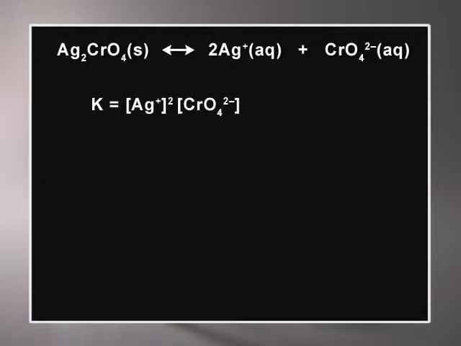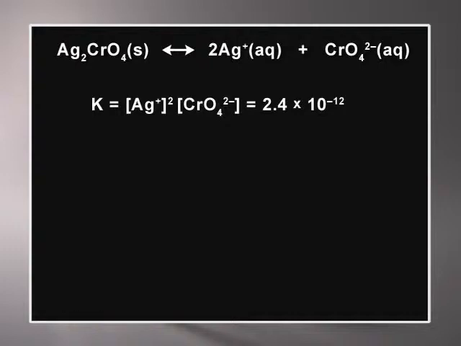Since the reactant here is solid silver chromate, it should not appear in the equilibrium constant expression for this reaction. So K just equals the concentration of silver ion squared times the concentration of chromate ion, and this is equal to 2.4 times 10 to the minus 12.